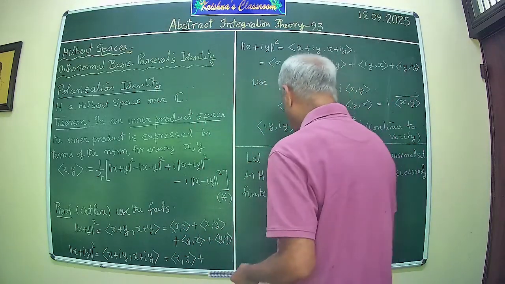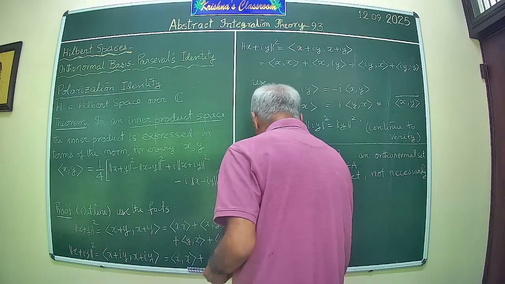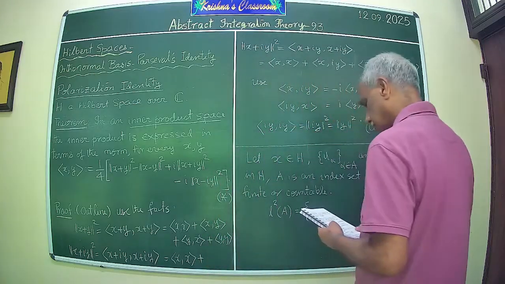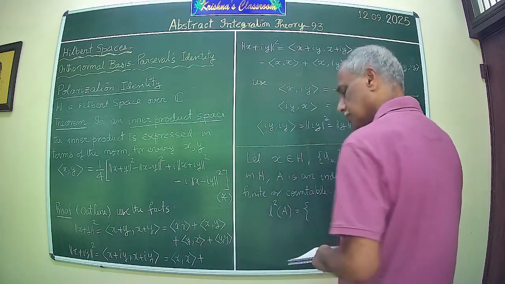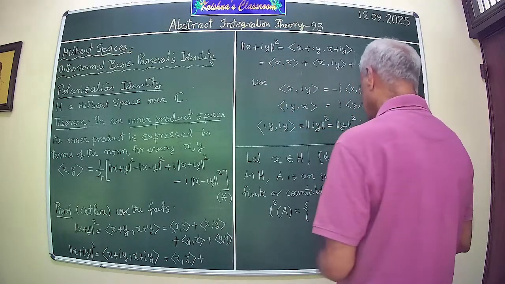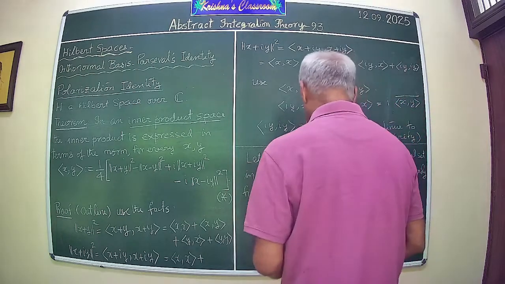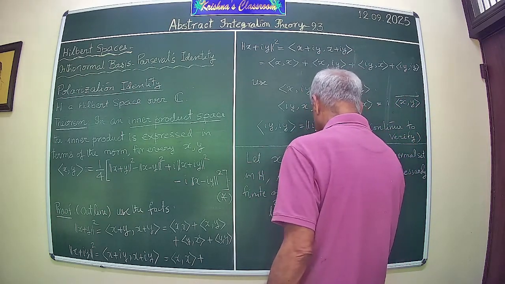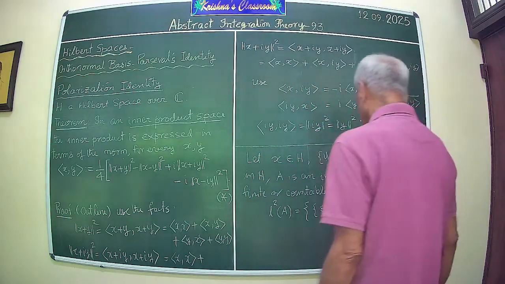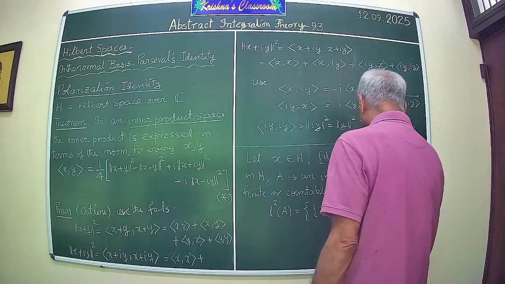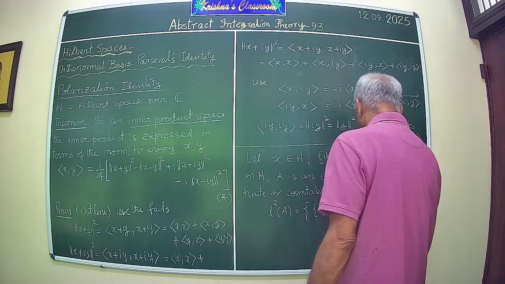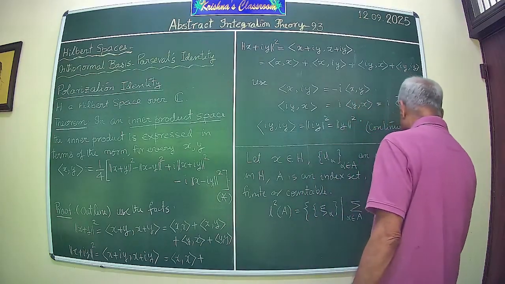Then you have the L2A, which consists of psi alpha with the property that the sum is finite.